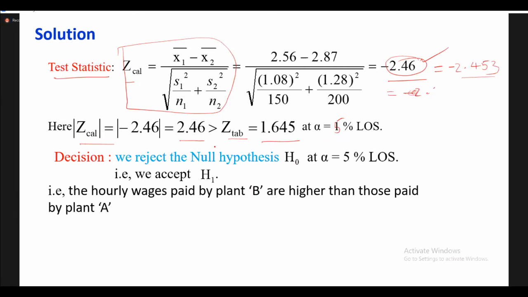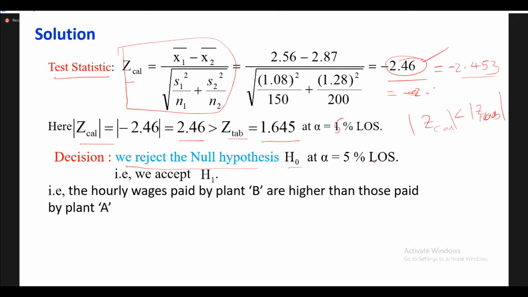If this condition is satisfied, we reject the null hypothesis. We accept the null hypothesis only when mod Z calculated is less than the Z tabular value. In other cases, we reject.